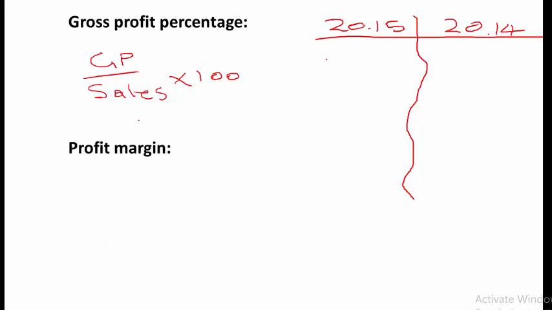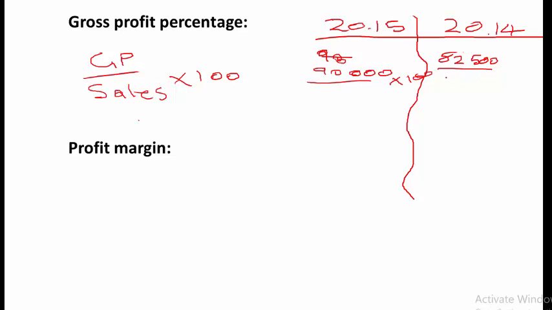So I'm going to write the 90,000 over something, times 100. And on this side we had 82,500, if my memory serves me well, over something, which will be our sales.